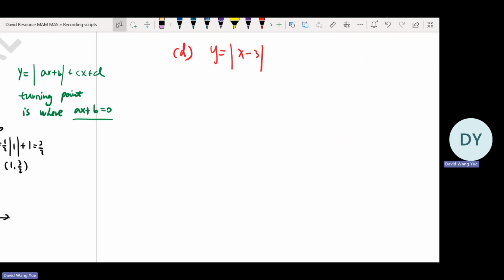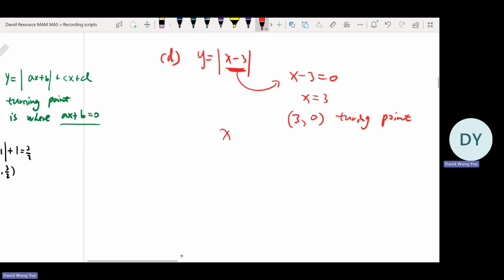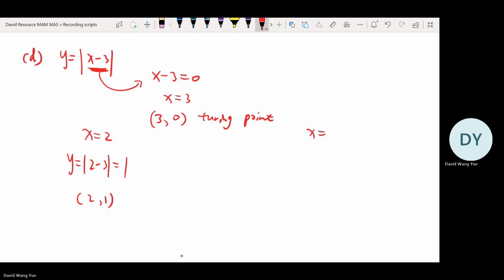Now, the turning point is where x minus 3 equals 0. So (3, 0) is the turning point. Remember, we need to find another point less than 3, on the left of the turning point. For example, I may choose x equals 2. And then we choose another point on the right, for example, x equals 5.